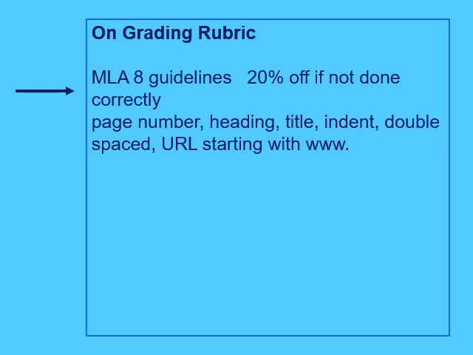Okay, and on the last part, this is how I'm grading your material, especially summaries, but pretty much everything falls in the same category. If you don't follow the proper MLA 8 guidelines, having the proper spacing, having the page number up top, having an indent at every paragraph, and when you come to the Works Cited page, your URLs, or at the end of an article when I ask for it, your URLs should start with www, not with anything else, no HTTPS, slash, or anything like that.